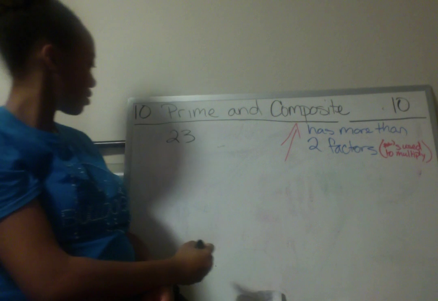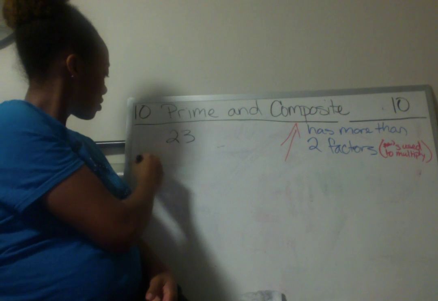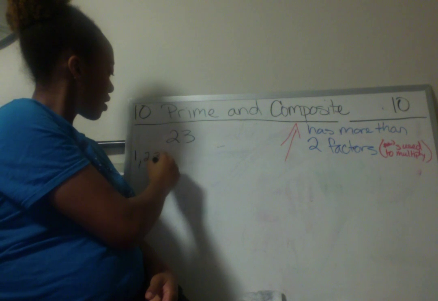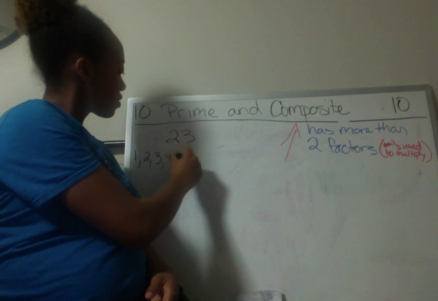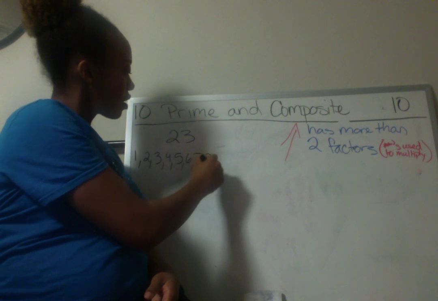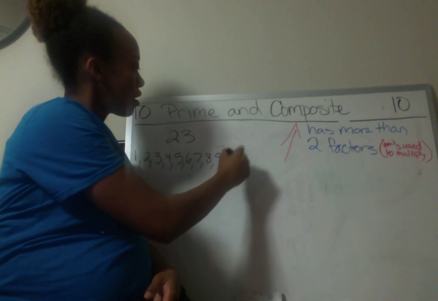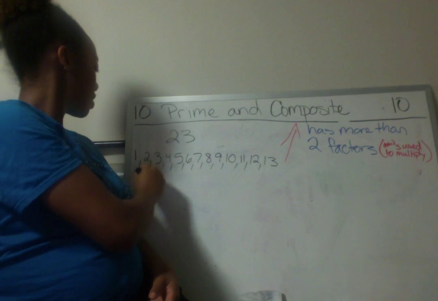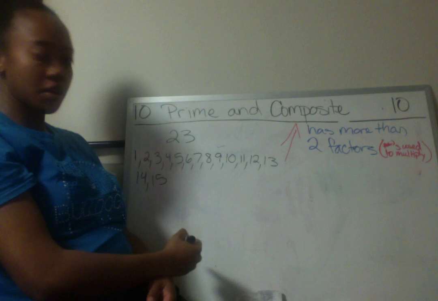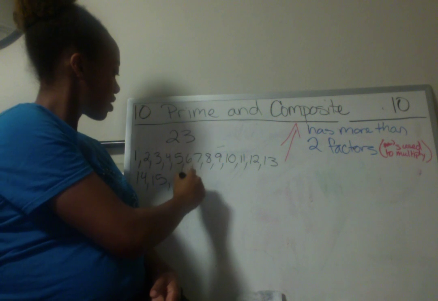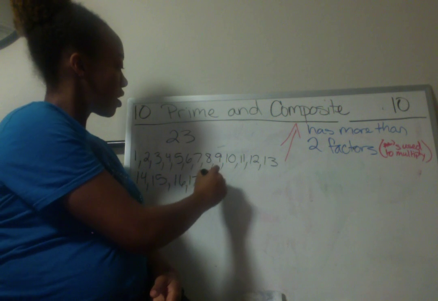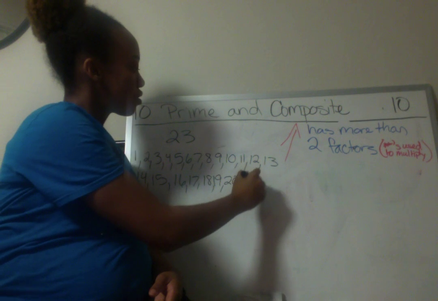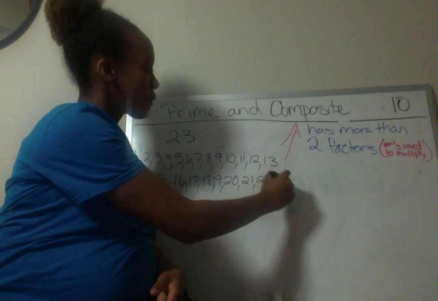23. In between, we have 1, 2, 3, 4, 5, 6, 7, 8, 9, 10, 11, 12, 13, 14, 15, 16, 17, 18, 19, 20, 21, 22, 23.